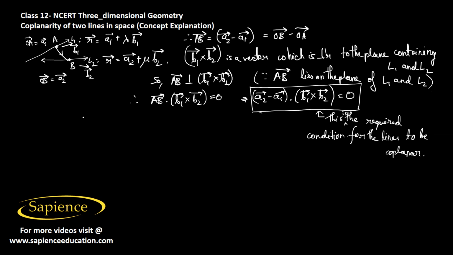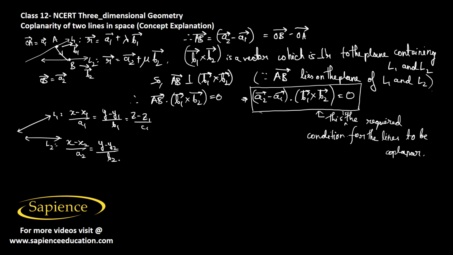So now, if the equations of the lines are given in Cartesian form, suppose the equation of the line L1 is (x minus x1) by a1 equals (y minus y1) by b1 equals (z minus z1) by c1, and the equation of the line L2 is (x minus x2) by a2 equals (y minus y2) by b2 equals (z minus z2) by c2.